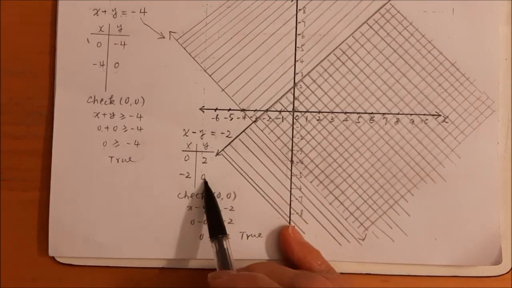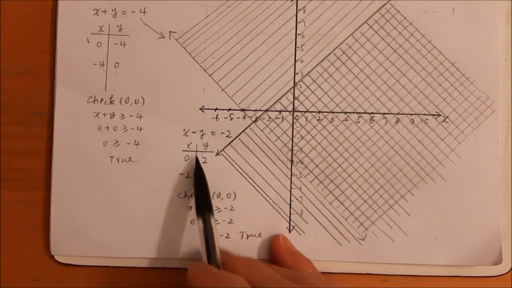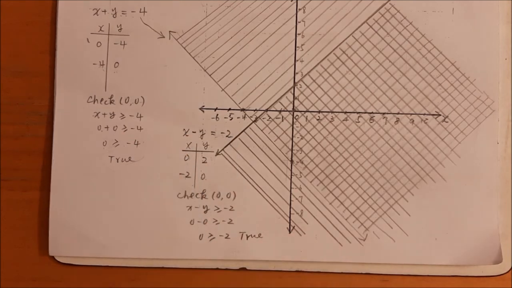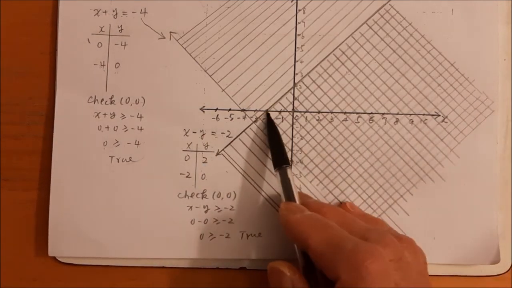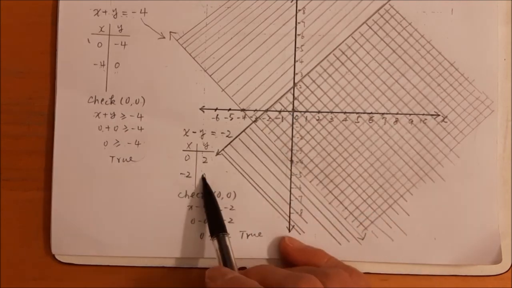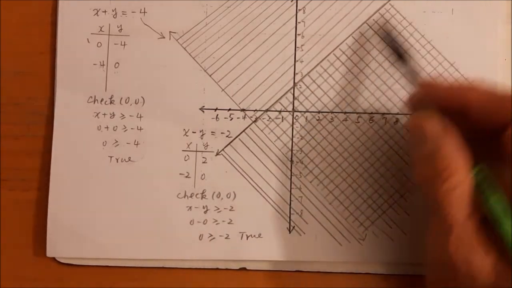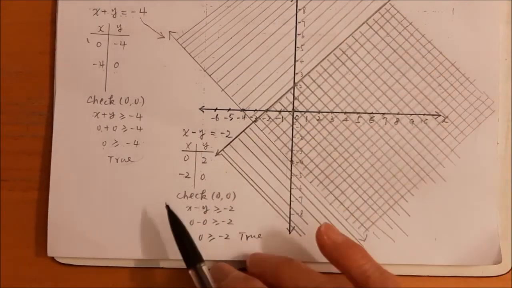Then you let y equal 0. So you get x minus 0, x equals -2. On the x-axis find -2; that point has y coordinate 0, so (-2, 0). Use the ruler, connect the two points and get a straight line.